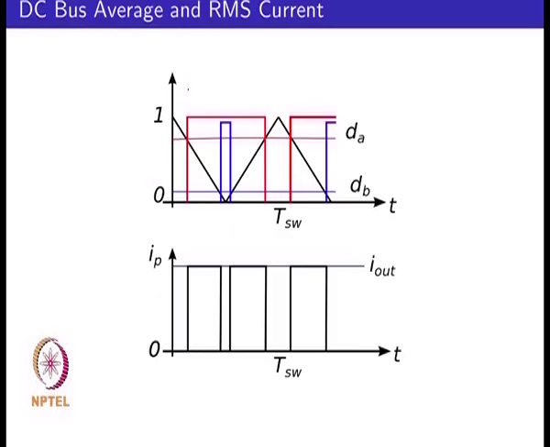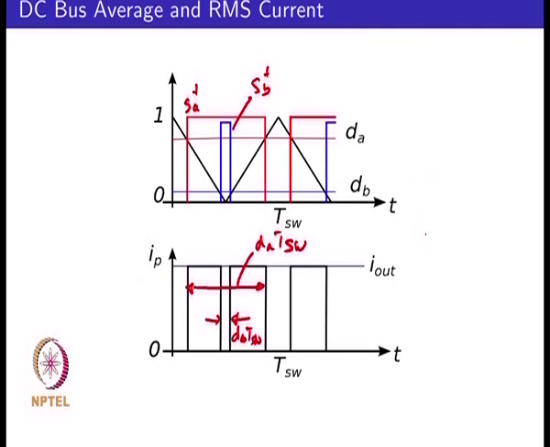If you have SA plus with a shape such as this and SB plus with a shape such as this, and you have your I out, when SA plus is wider than SB plus, the width of this region in between would be equal to dA times Ts, and the width of this duration is dB times TSW, and then you could calculate the average of this DC bus positive current and the RMS value.